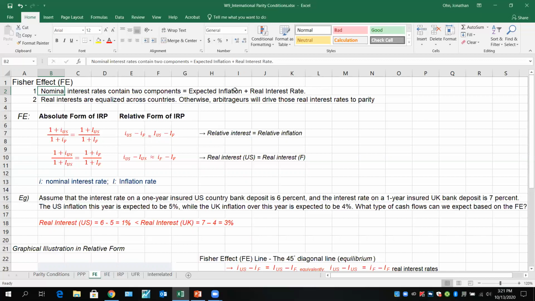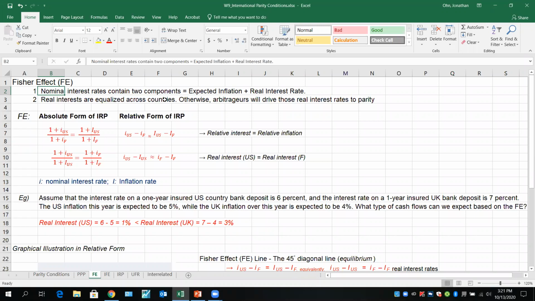So expected inflation and real interest rates are supposed to be equalized across different countries. The real interest rate, or real rate of return, is the real measure of investment performance.